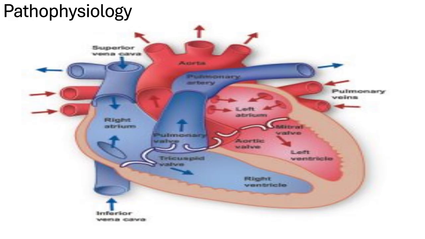The other thing that happens is decreased diastolic pressure, which is due to the rapid return of blood into the left ventricle due to this incompetent aortic valve.